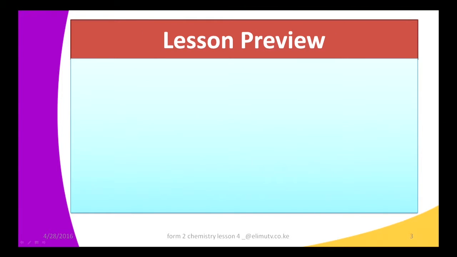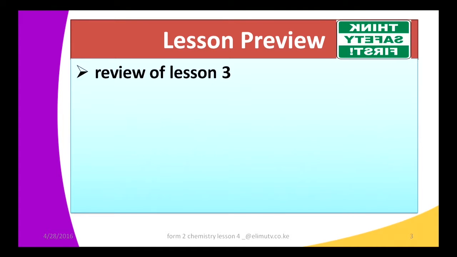Now, how is our lesson going to proceed? What's the order of our lesson? So this is our lesson preview. The first thing we have to do, we want to review lesson number 3 that we did the last time we met, and briefly just to discuss something about lesson 3. One, we looked at the setup of a laboratory. We defined what a laboratory is, and we said laboratory is a special room where practicals and laboratory apparatus and equipments are kept.